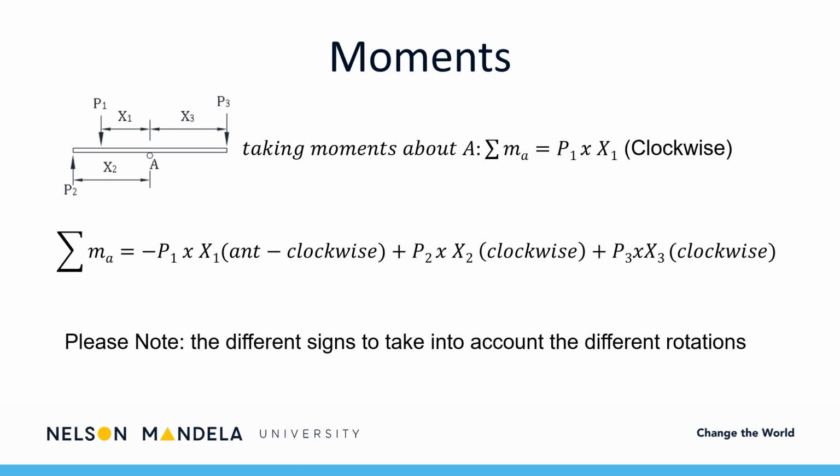Meaning for those two forces you must assign the same sign, whether you choose to assign a negative sign or a positive sign. But the moment caused by P1 is different from the moment caused by P2.